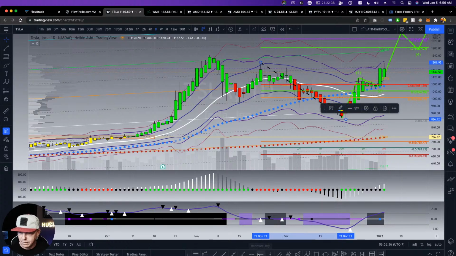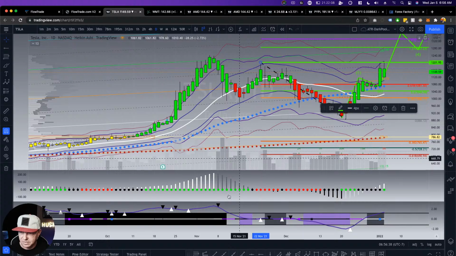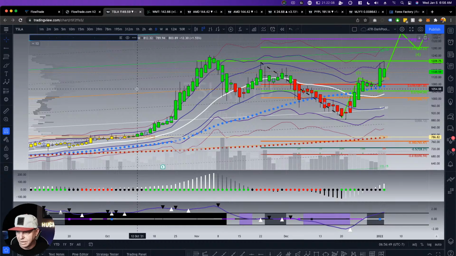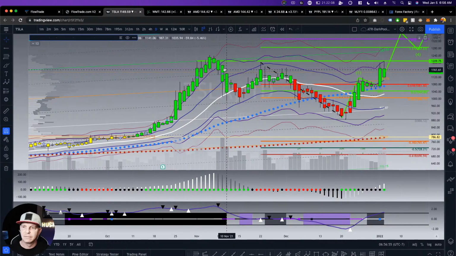All right, the reason I chose that level is because this is a previous high. It just smacked right there. Like we could trend line that. At 1209.75 is pretty significant resistance for Tesla. It is the top of a supply zone, very, very top.